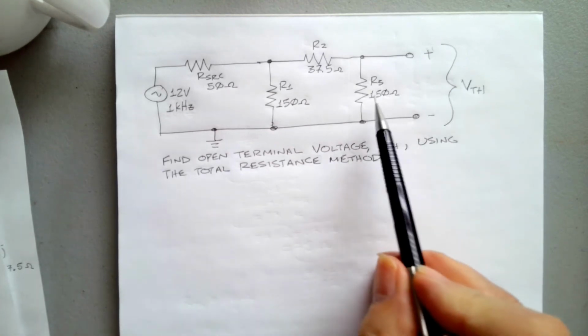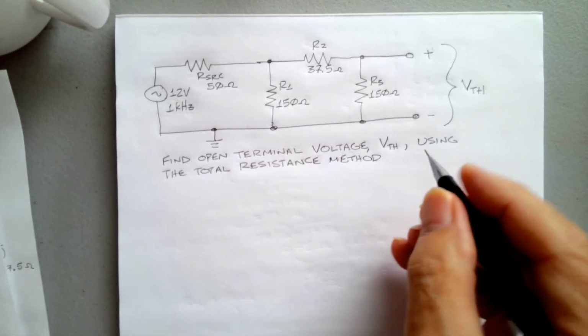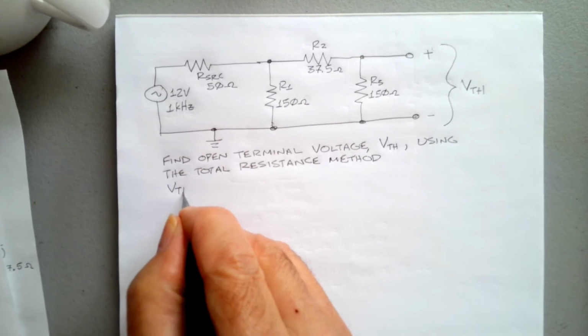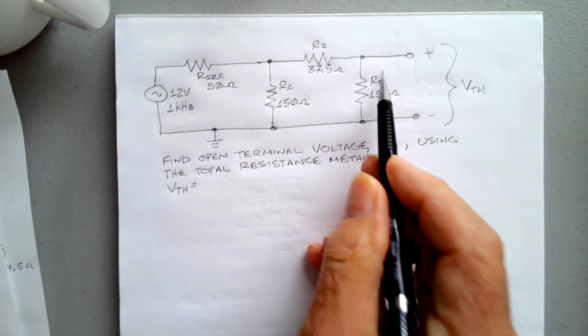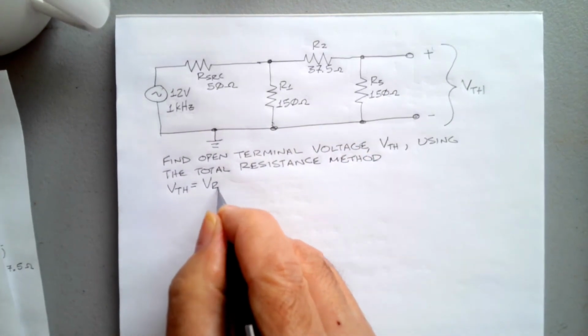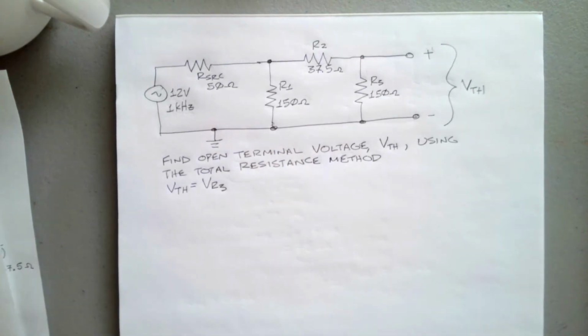In this case, V Thevenin is going to be equal to the voltage across R3. So we're really trying to find VR3.